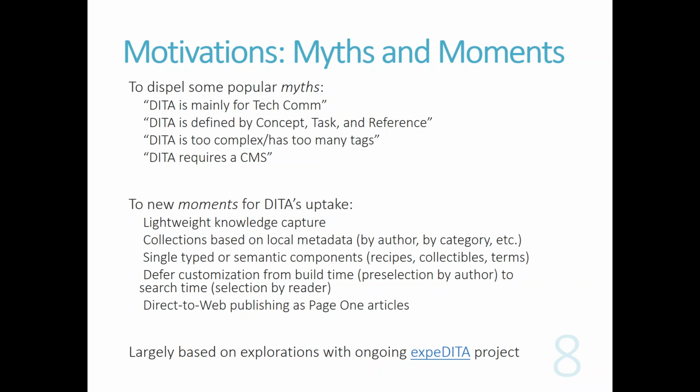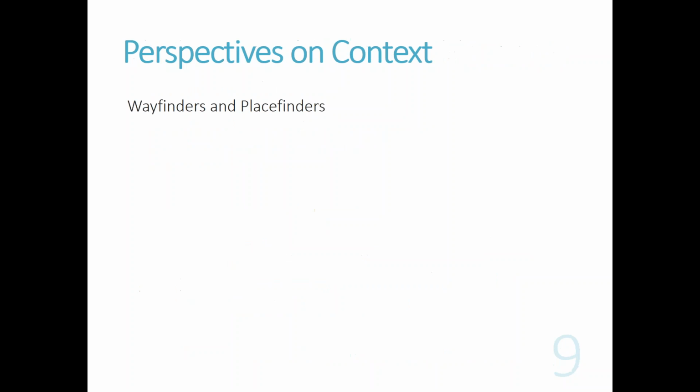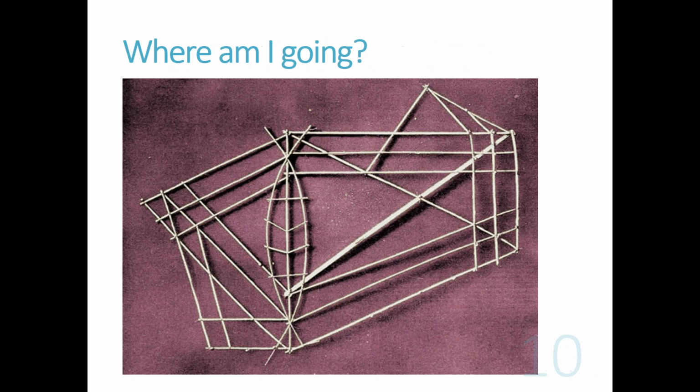So we'll start off with some perspectives on context, and that involves the difference between wayfinders and place finders. A wayfinder is something that says, where am I going? The picture that you're looking at here is of a stick chart used by Polynesian islanders, and it doesn't depict places on a map.